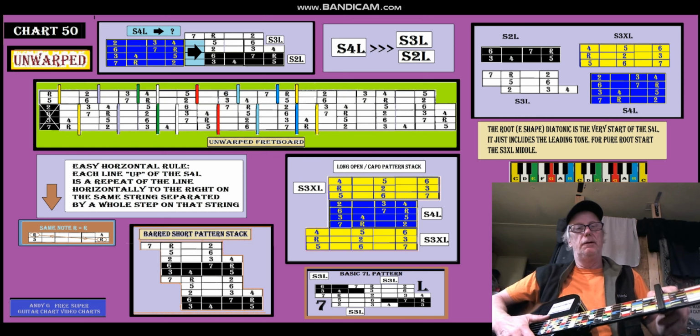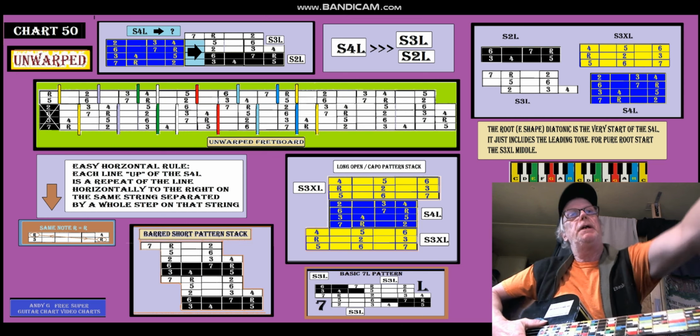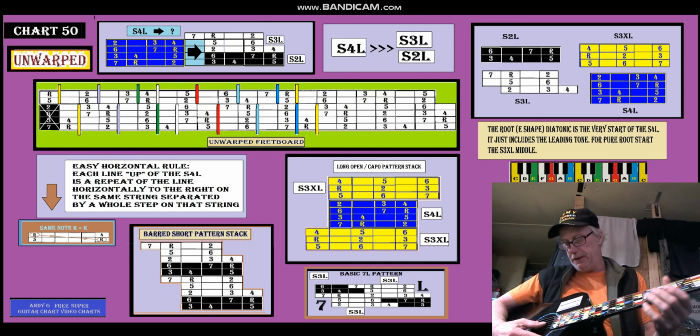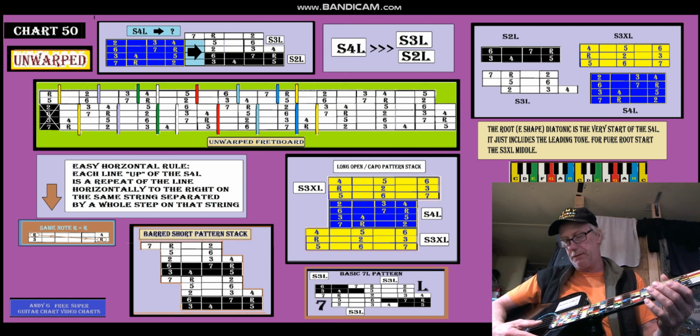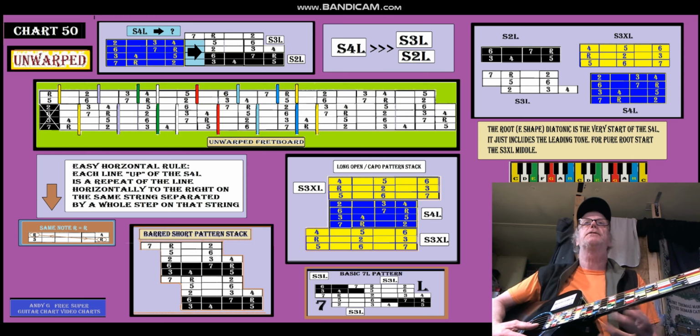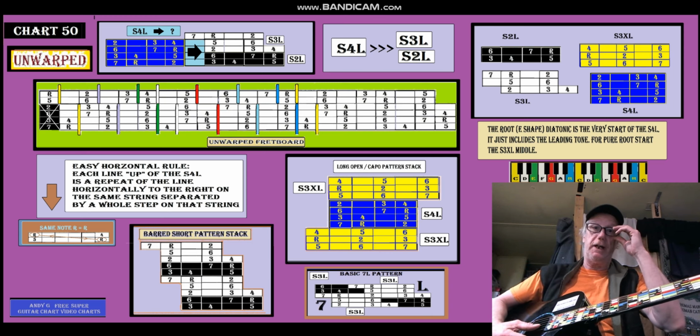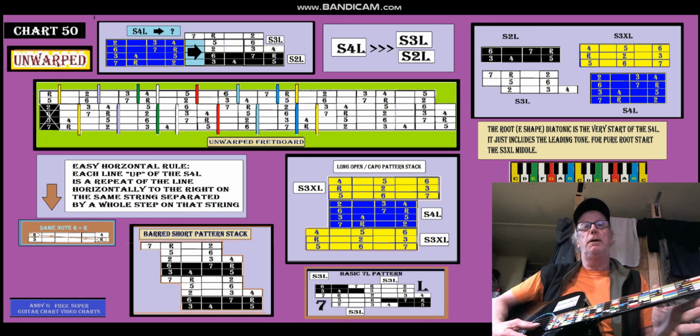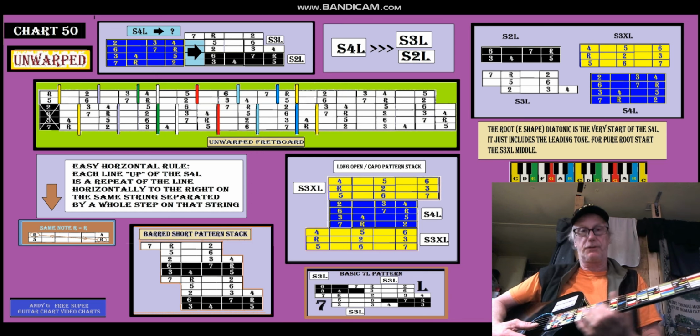When the arpeggios reach these two strings, they make different shapes that form the characteristics of the CAGED chords.